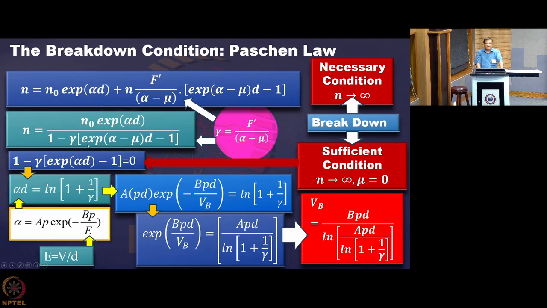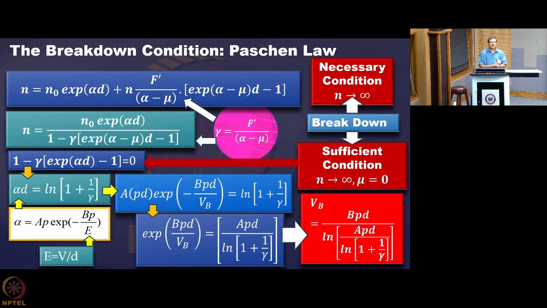Then if you take n this side, 1 minus gamma exponential alpha minus mu d minus 1 is coming there, and you just divide n0 exponential alpha d by that quantity. Then you get the total number of electrons that will be reaching the anode finally, including your Townsend mechanism as well as the photoelectrons followed by the Townsend mechanism.